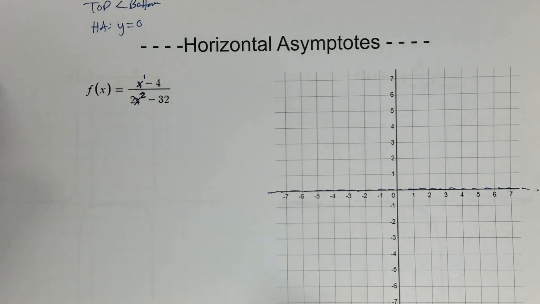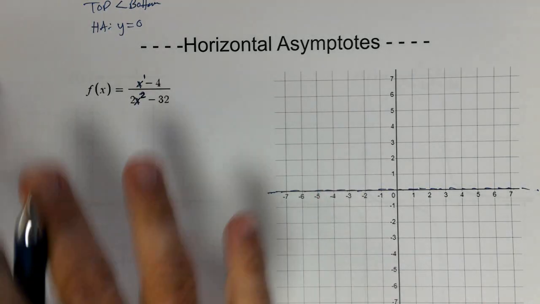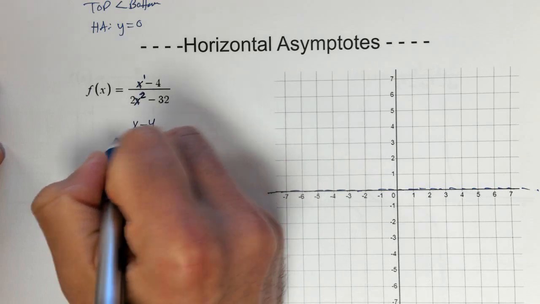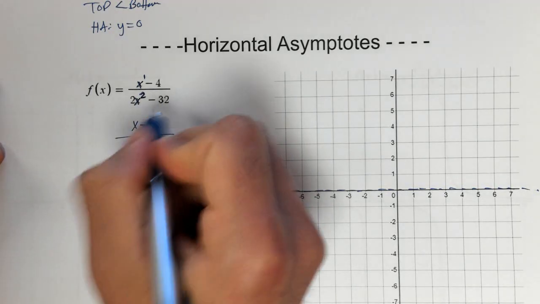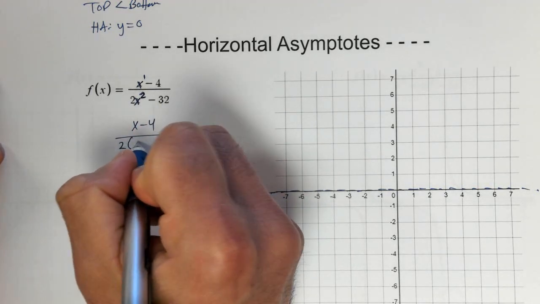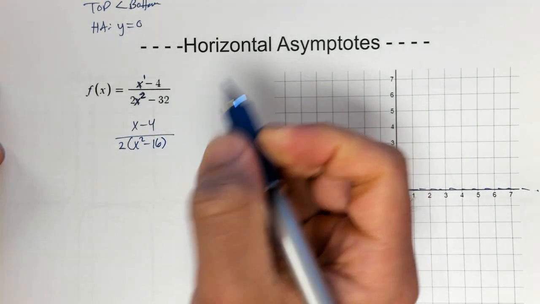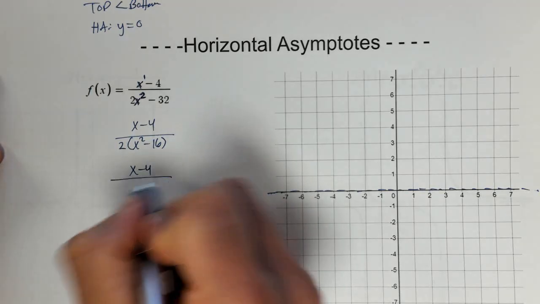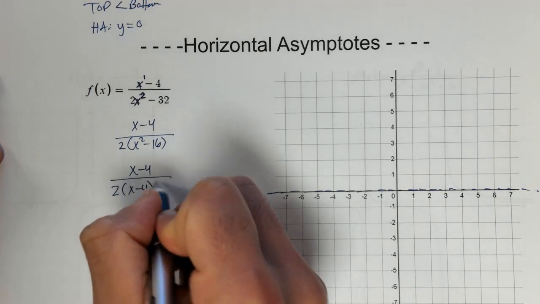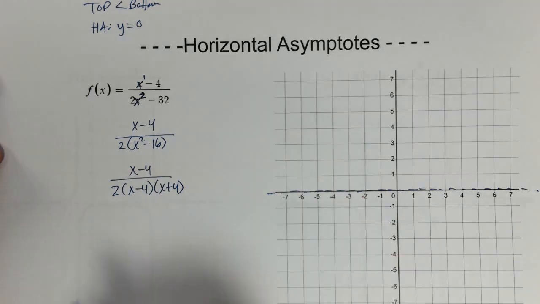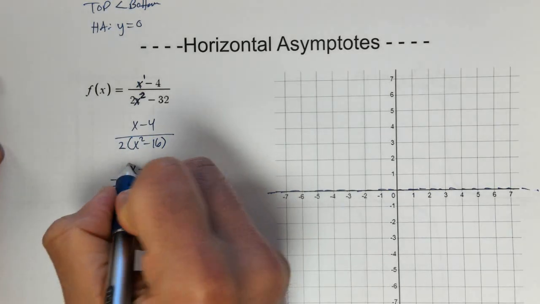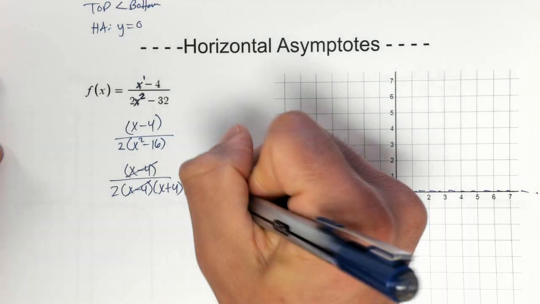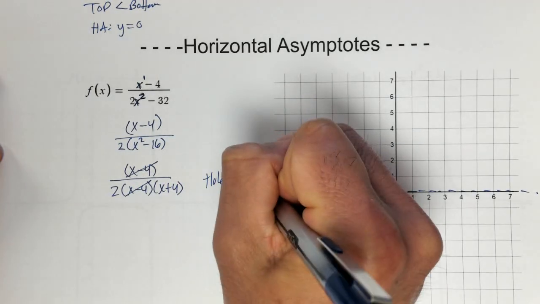Now let's simplify a little bit just to make sure that we account for holes and vertical asymptotes and all that kind of stuff. Here we have x minus 4 on top. In the denominator, they're both divisible by 2, which makes this 2x squared minus 16, which means I can now factor this right here as 2 times x minus 4, x plus 4. Now, since the top is grouped together, technically, I can now cancel those two, and I have a hole at x equals 4.